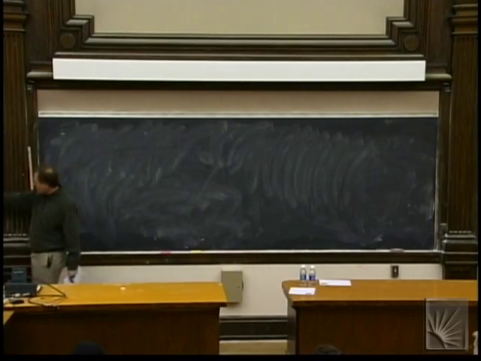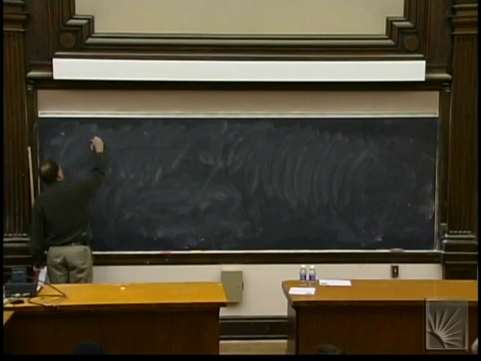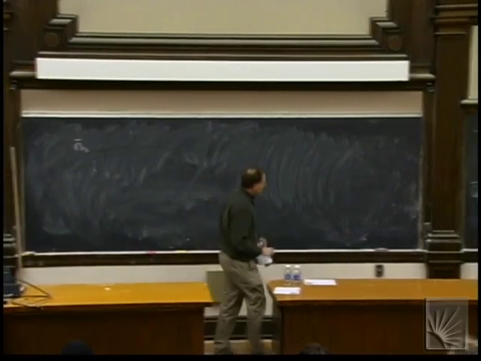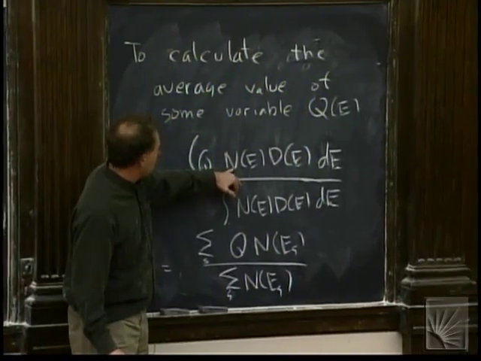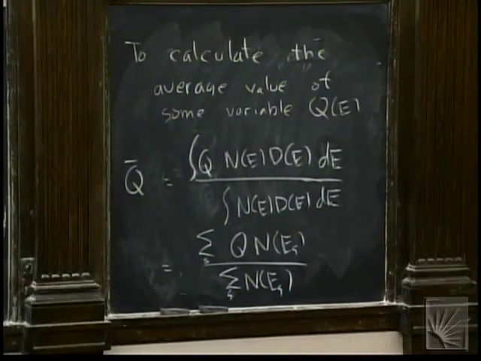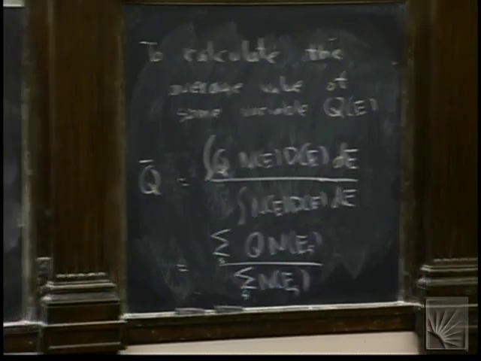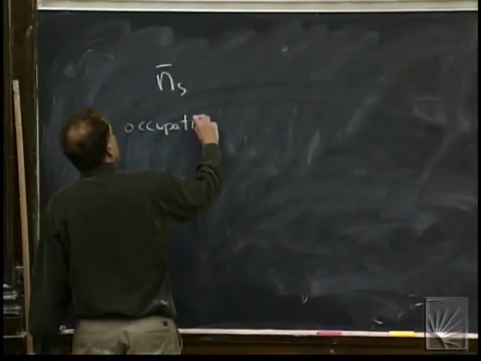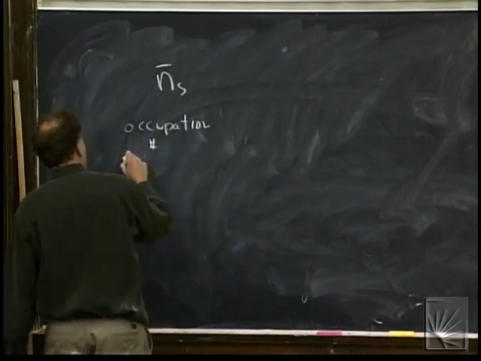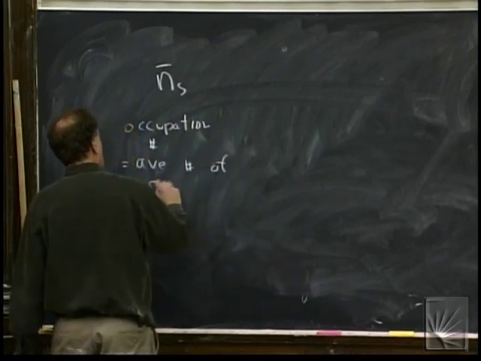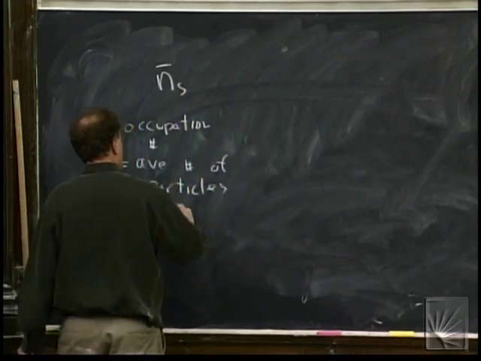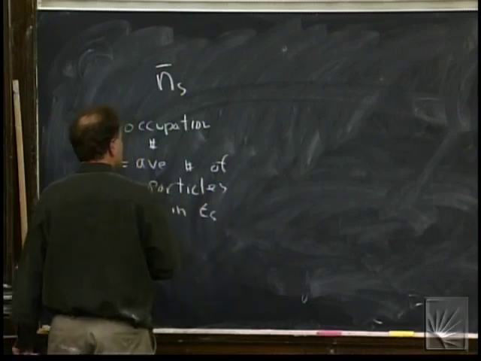Okay, so if that's the probability of n sub s, what's the average number of photons in that state sub s? This is indeed, and I'm sorry for the terminology changes, essentially that capital N. It's the average number, or the occupation number. It's the average number of particles in E sub s state.